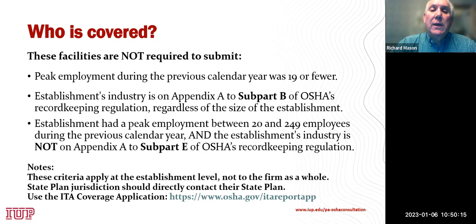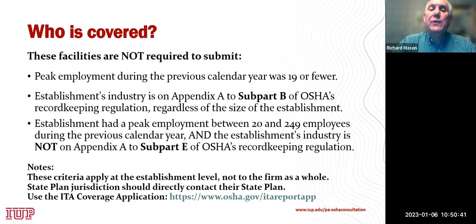Okay, so if you're still in, you had a peak employment between 20 and 249 employees during the previous year, and you're not on the Appendix A that we just talked about, and now Subpart E, which is the subpart of the 1904 record keeping requirements that talks about electronic data submission.